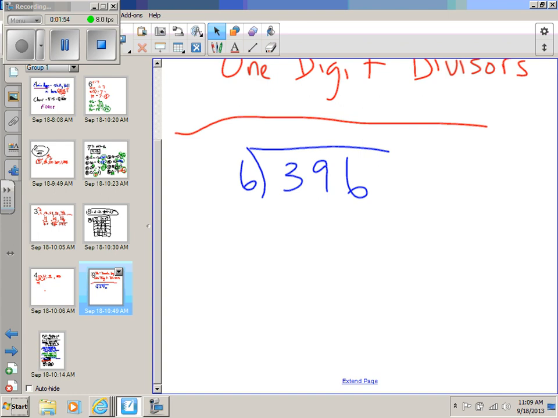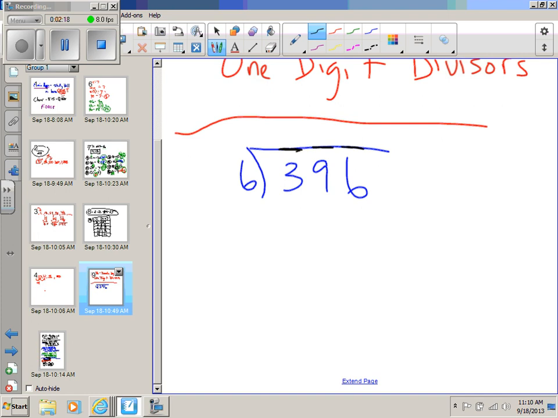396 divided by 6. If you remember anything about your division, where you put your digits up top is going to be extremely important. Things have to be lined up well. If you are just putting numbers up here with no rhyme or reason, you're going to have some trouble.